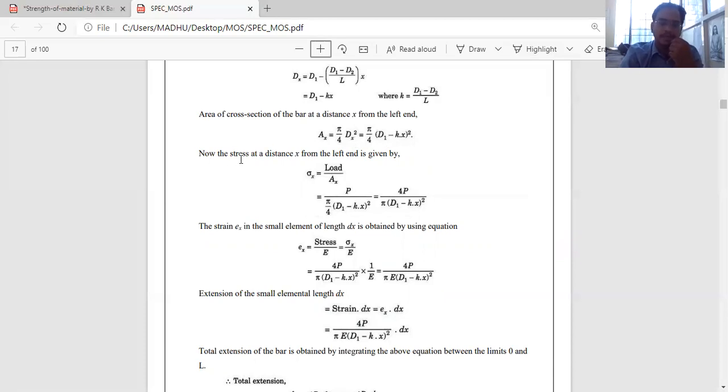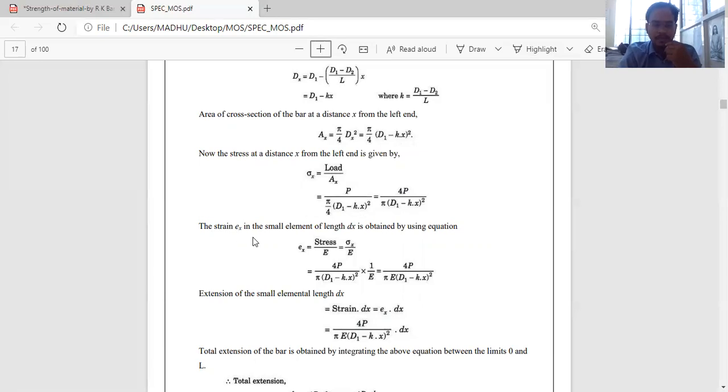Now the stress at a distance x from the left end is given by sigma x equals load by Ax. The load is P and Ax is pi by 4 (d1 minus kx) whole square. So sigma x is 4P by pi into (d1 minus kx) whole square.